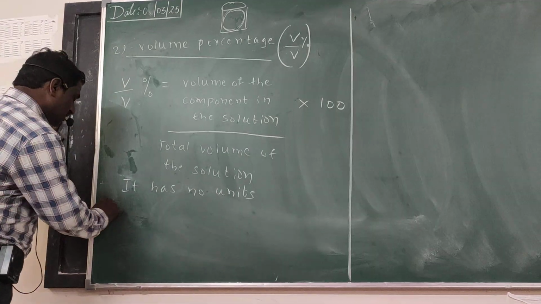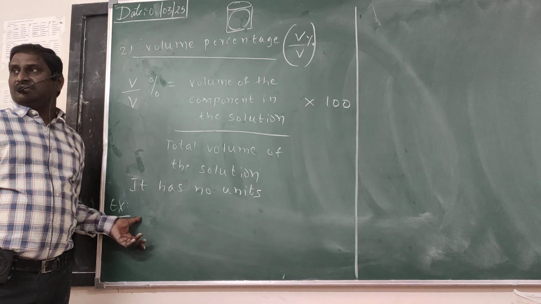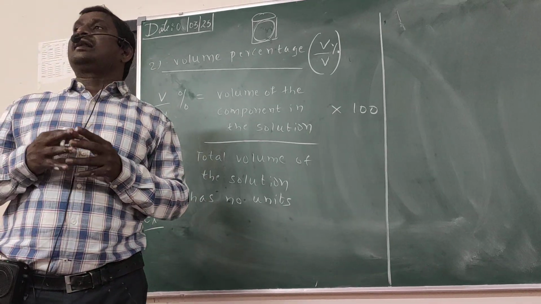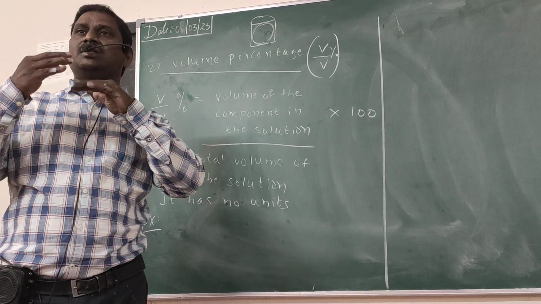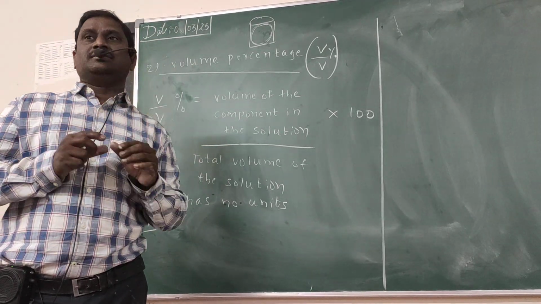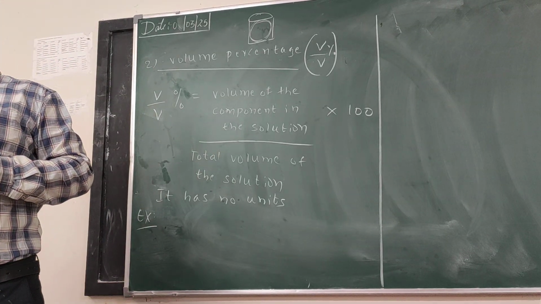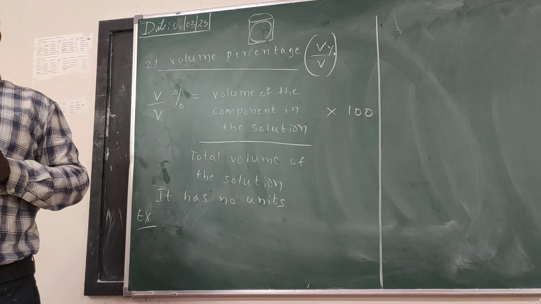One best example, this is very important from the exam point of view. Now you know car radiators. In front of the car there is a radiator inside. In that car radiator, they keep one liquid. Do you know which liquid that is?